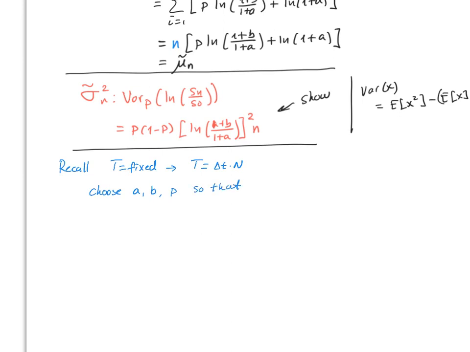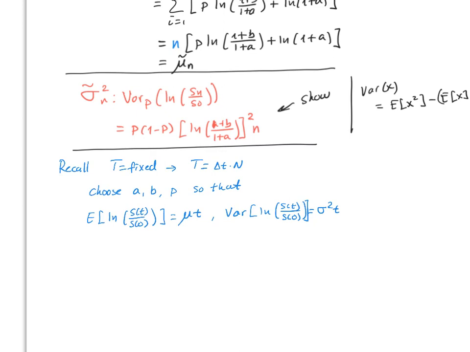So the expected value of ln of S_T over S_0, now in the continuous case, is equal to mu T, and also the variance of the same quantity is equal to sigma squared T. Okay. All right.